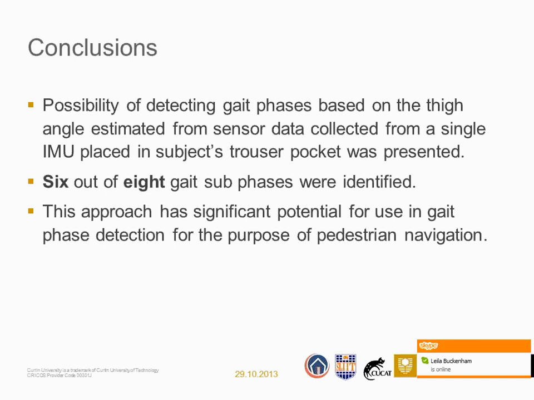I was confused with 5. 6 phases, starting with all the 5 phases of the stance, were detected, and the swing phase. So altogether 6 out of 8 were identified, and this approach has significant potential in using gait phase detection for the purpose of pedestrian navigation.